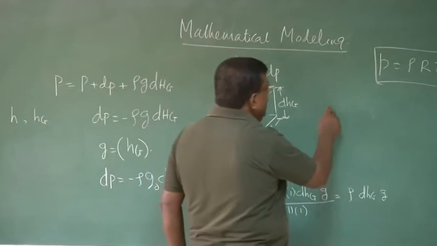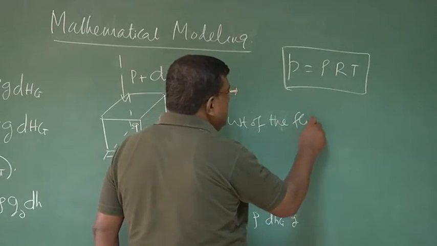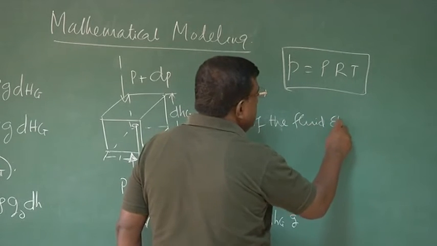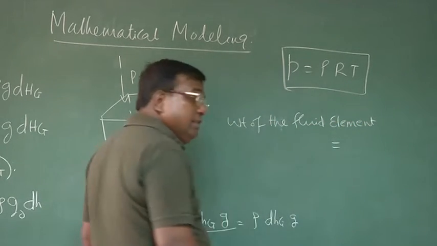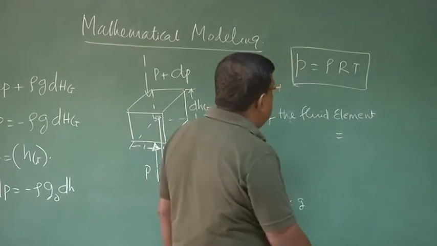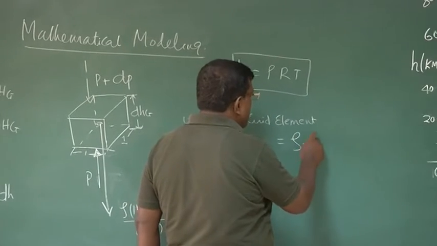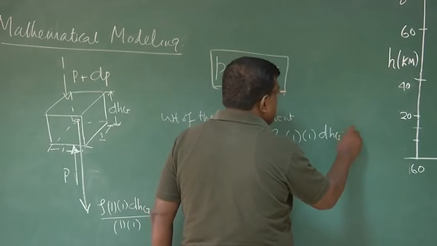What will be the weight of the fluid element? Weight of the fluid element will be mass into local value of g. Mass is density into volume, so density is rho, volume is 1 length, 1 breadth, dHg, and into g.